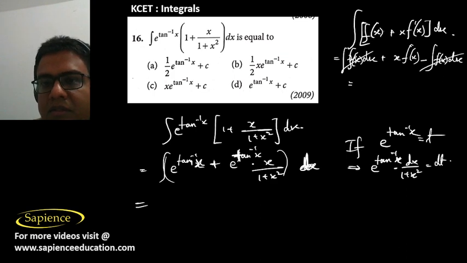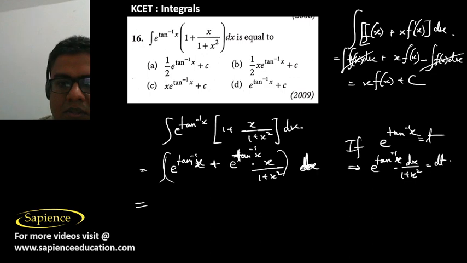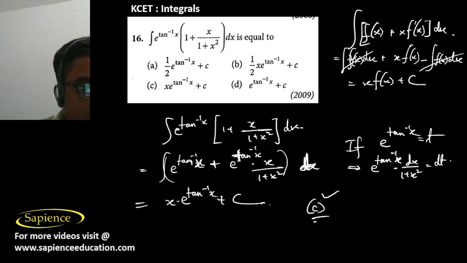So these two will cancel, then the answer is x into f of x plus c. So the answer here will be x into e power tan inverse x plus c. So option C is the correct answer.